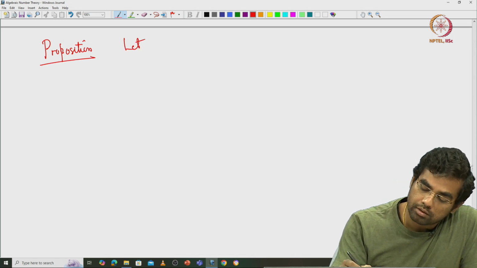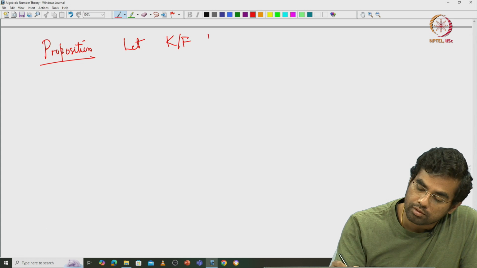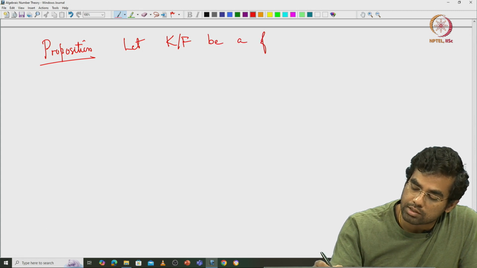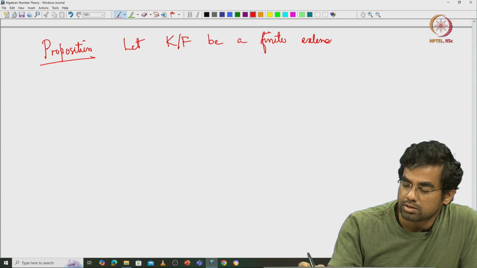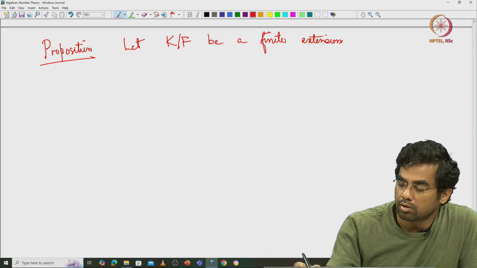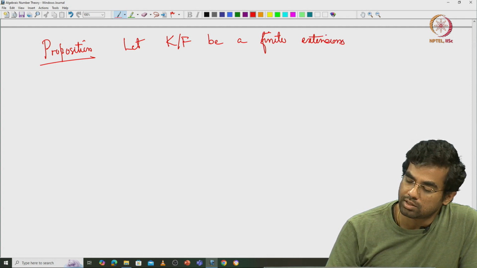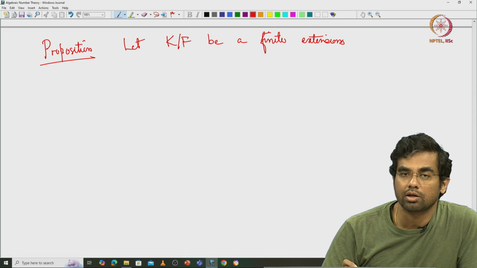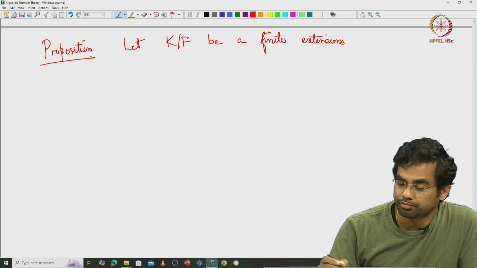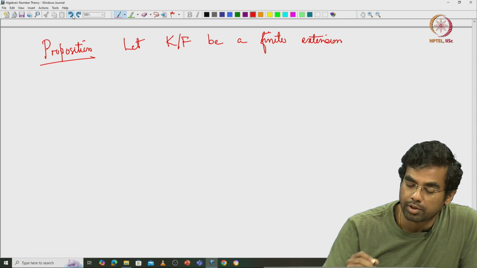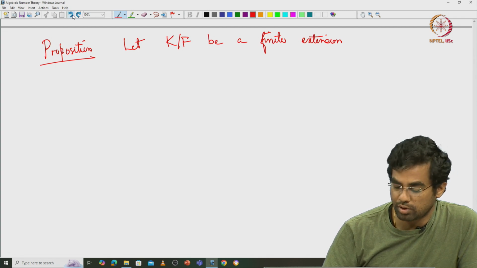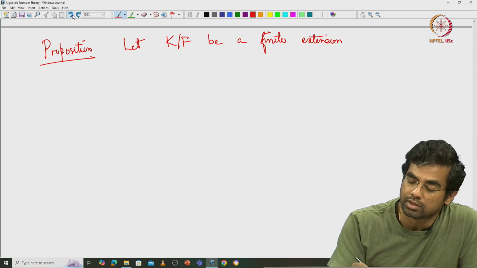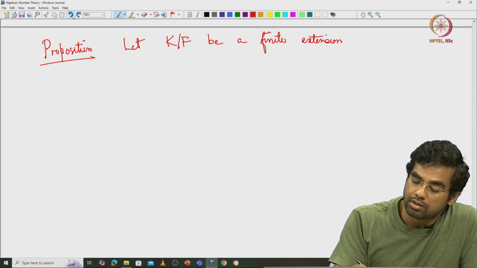So, let K over F be a finite extension of number fields. Since they are both number fields, I do not really need to say that it is a finite extension. Both K and F will be finite extensions of Q, and so K over F has to be finite, but nevertheless let me put that redundant word in there.